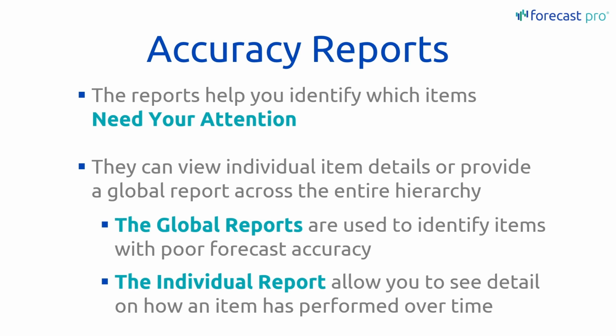The individual reports will show you the details of forecast accuracy on an item-by-item or group-by-group basis. So I can use the global reports to find the items that I need to review, and then use the individual reports to see the details of where we're performing well and what could be causing these issues.